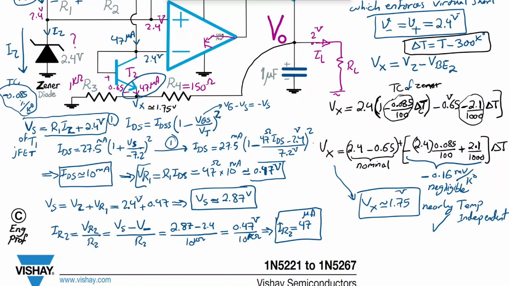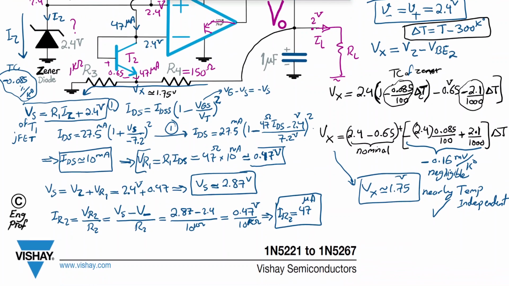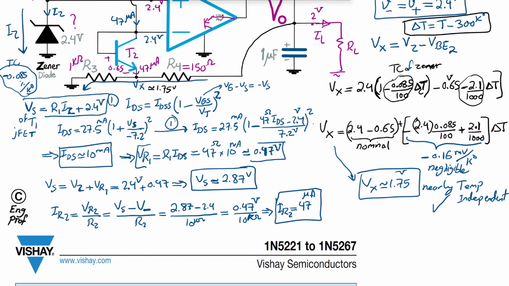Given the very small 47 microamp, the R4 and R3 resistors are effectively practically in series, because the current going through them is much, much larger than the 47 microamp, which is not much. So all I can say is, if we compute that, effectively what we have is as simple as this: 2.4 minus 0.65, 1.75 volt.